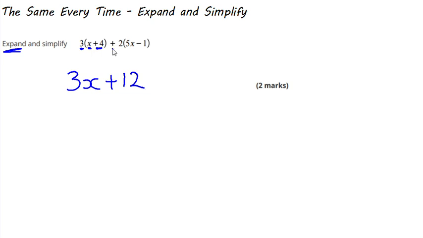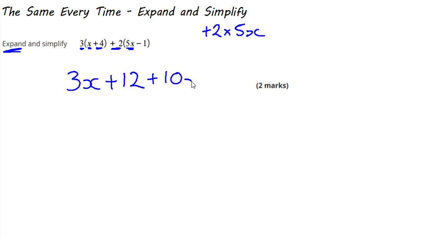Now the second bracket, outside my bracket, I have a plus 2, a positive 2. We have to think about the sign as well, that's important. Inside the bracket, the first term is the 5x. So positive 2 multiplied by 5x. Positive 2 times a positive 5 is a positive 10.